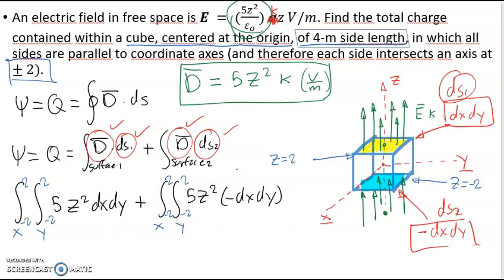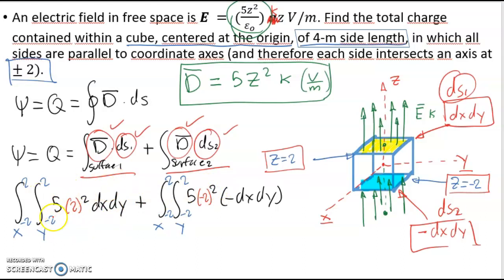However, there is one small difference: the location of each surface. This surface right here is located in the upper section, which means we work with z equals 2, so we replace 2 squared. This surface is located in the lower section, which means we have z of minus 2, so we replace minus 2 squared. By the characteristic of the electric field, this will not affect anything, since minus 2 squared and 2 squared are actually the same.